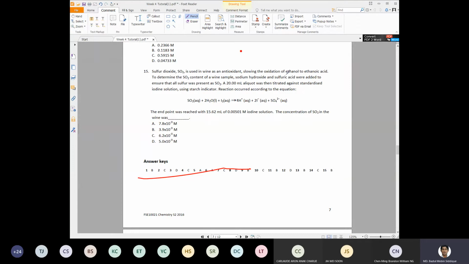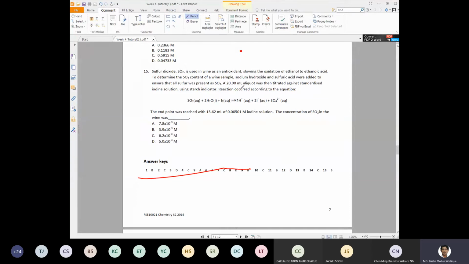I don't know where to stand on this. Slowing the oxidation of ethanol to ethanoic acid, sulfur dioxide is an antioxidant, so it does not allow the oxygen from the ambient air to go into that wine and convert it from ethanol to ethanoic acid. It stops that.